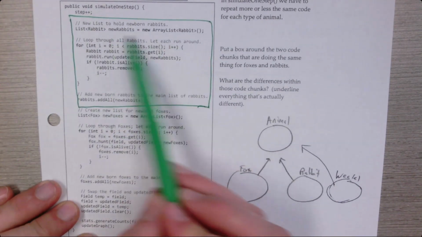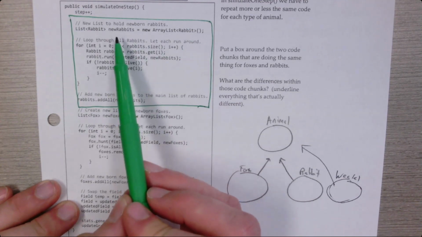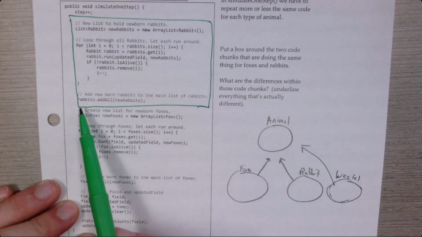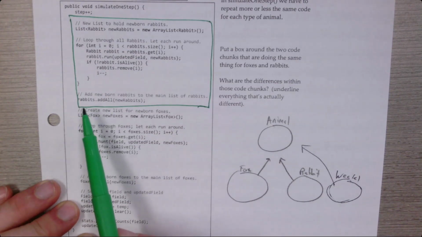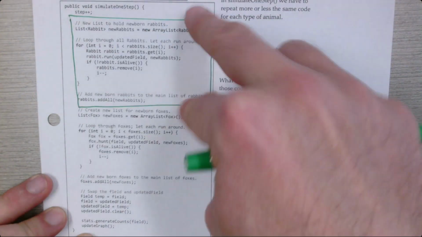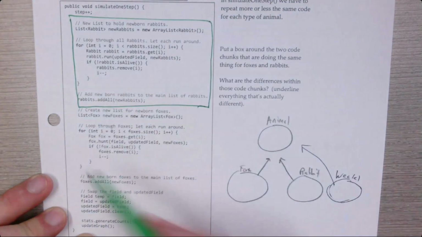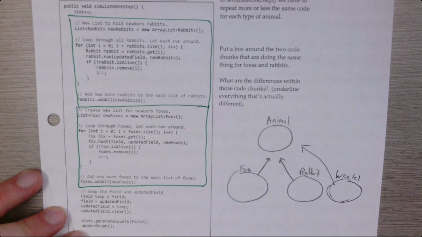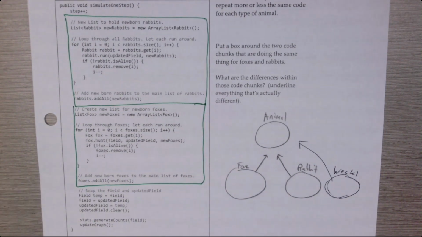And so this line up here is about creating a list that will hold the babies. And down here, we have to take the babies and add them to the list of all the rabbits in the simulation. So if your box didn't include those two lines, expand it to include those two lines. And then here's that same set of things for foxes. Okay, so that's what's the same in both.